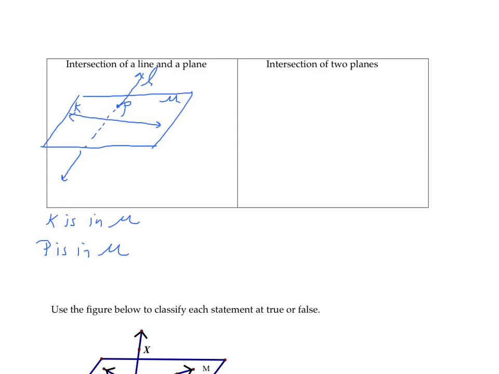When we have the intersection of two planes, it is always a line. Now, because this is a three-dimensional picture, it's a little bit tricky to draw. So here's our first plane. I'll call it M. Our second plane is going to intersect with this first plane.